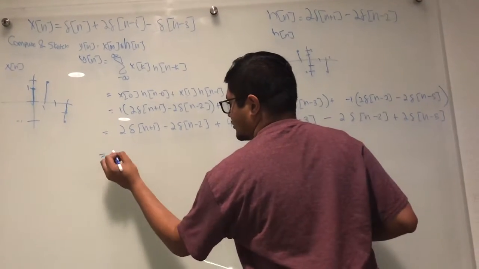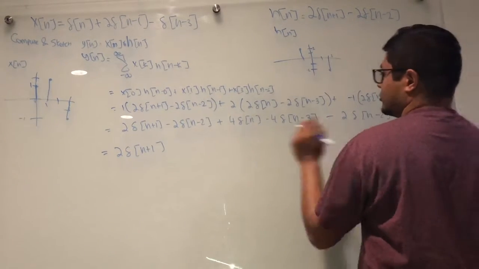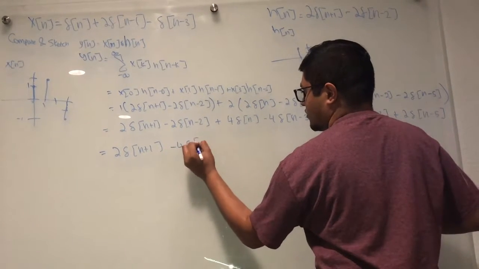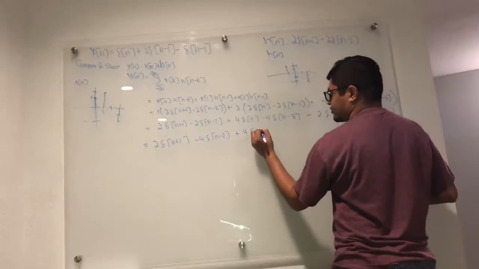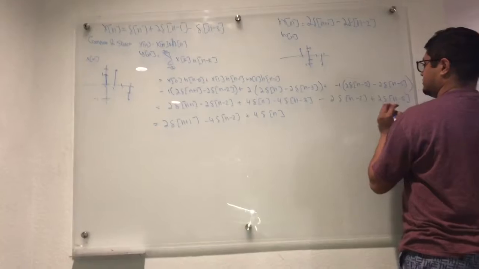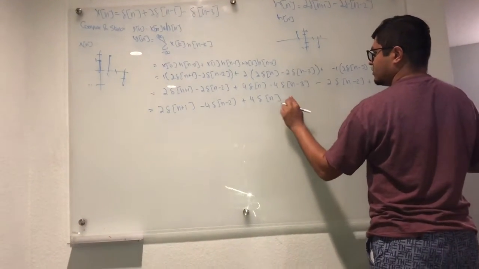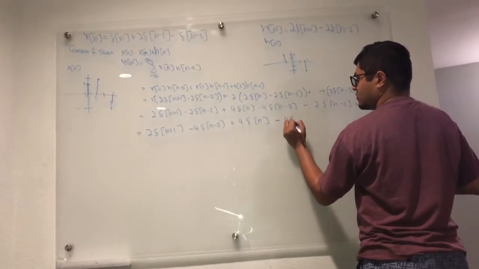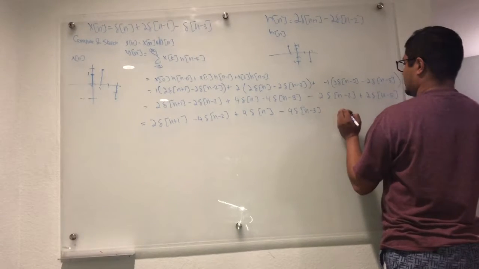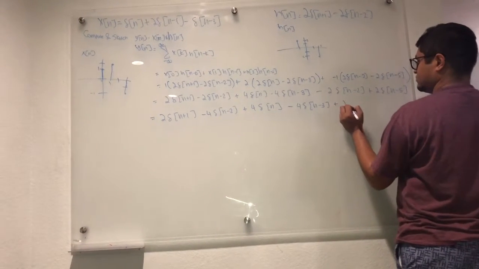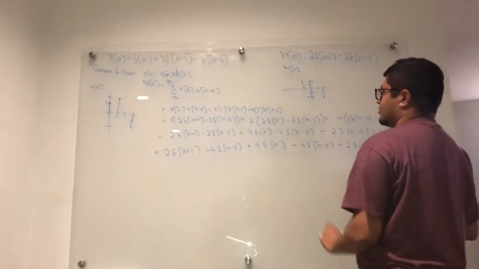So let's rewrite this function. n plus 1. Now, combining these two, you'll get -4 del n minus 2. And let's rewrite the rest of the function. So this is your output.